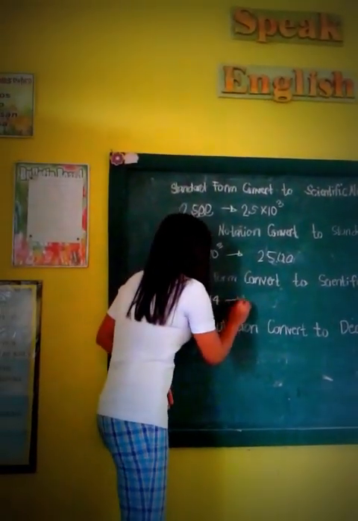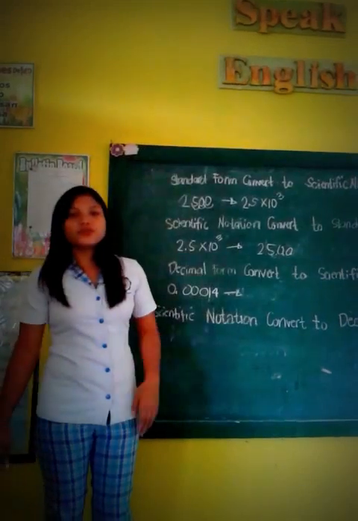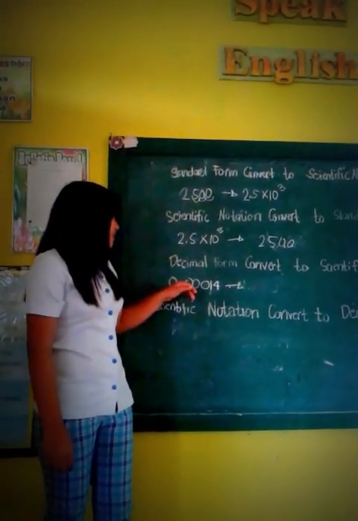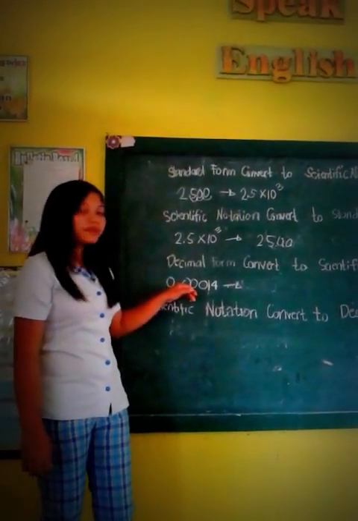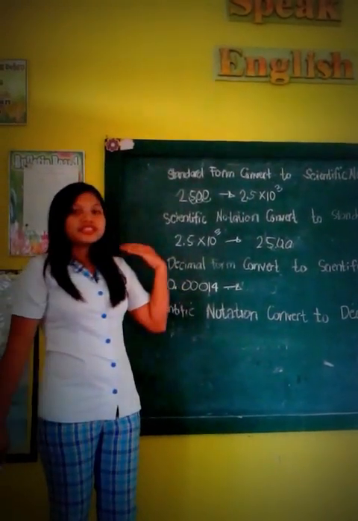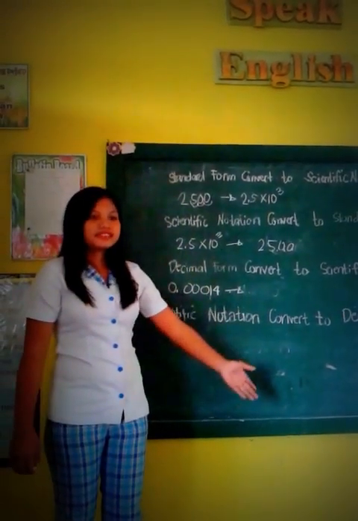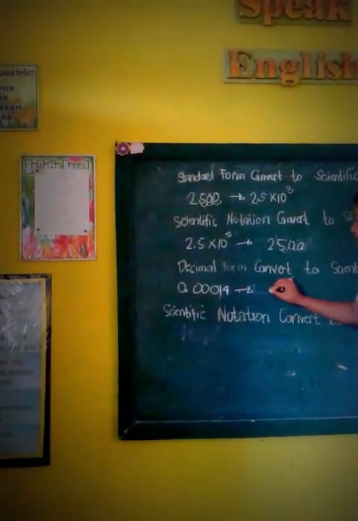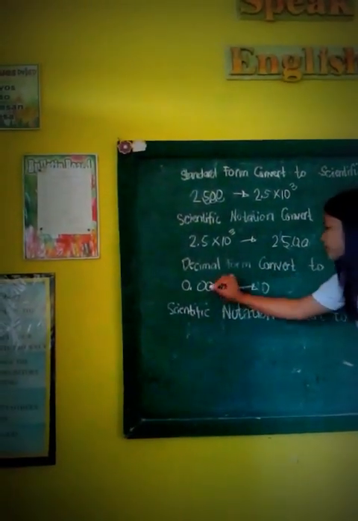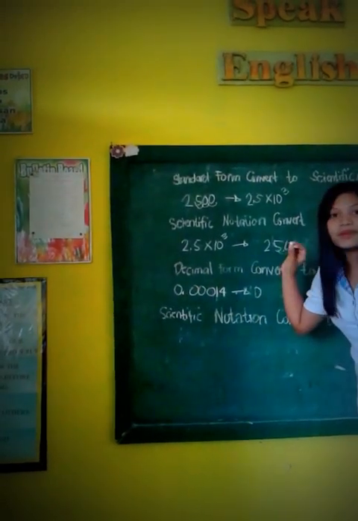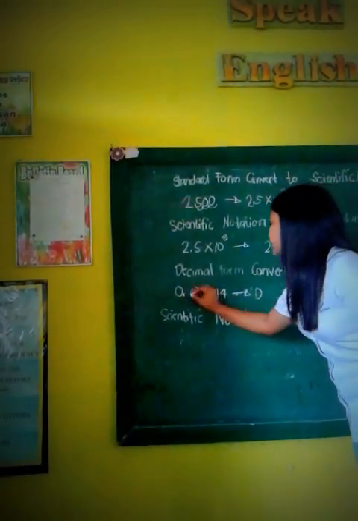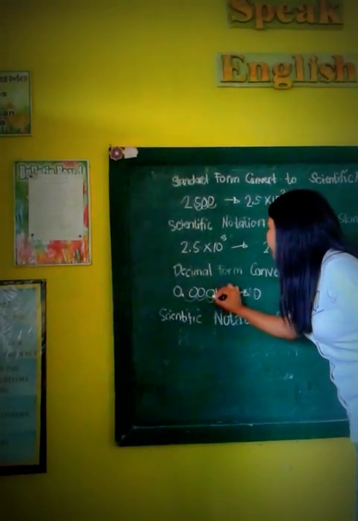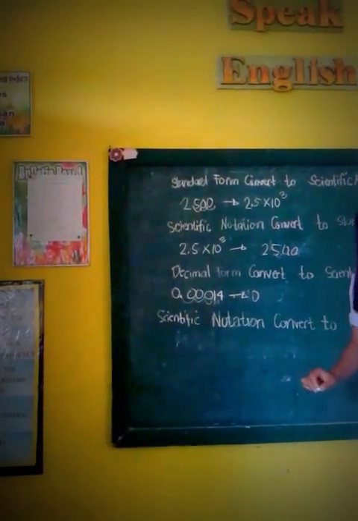So the thing that you are going to do is just move the point to the right side. So here 0. So you must move it to the right side. In how many places, by the way? There are 1, 2, 3, 4. There are 4 places.